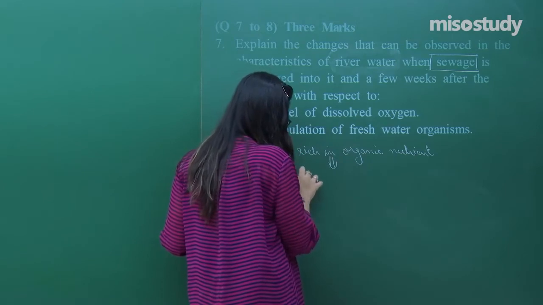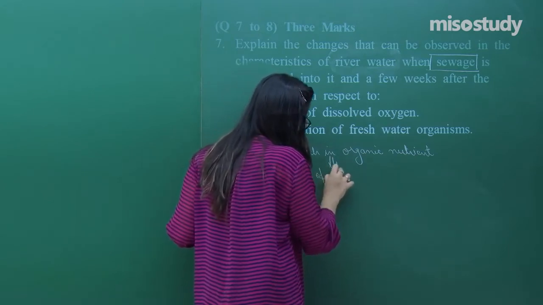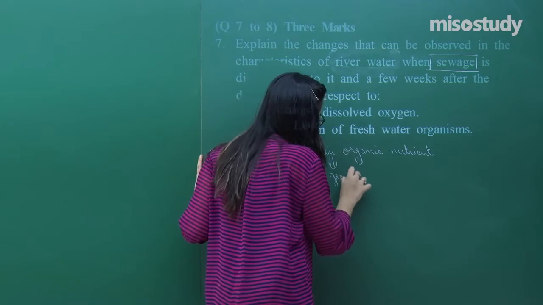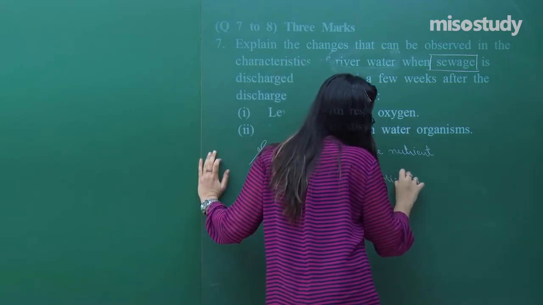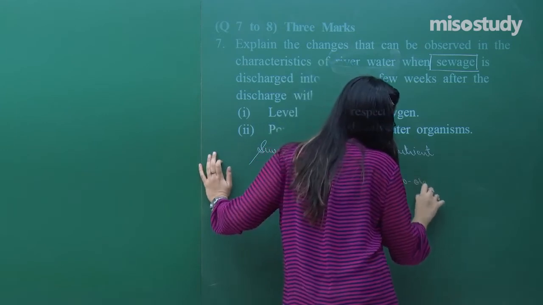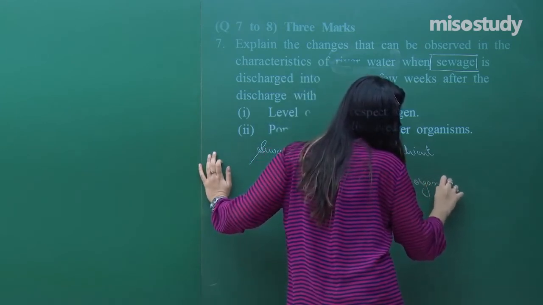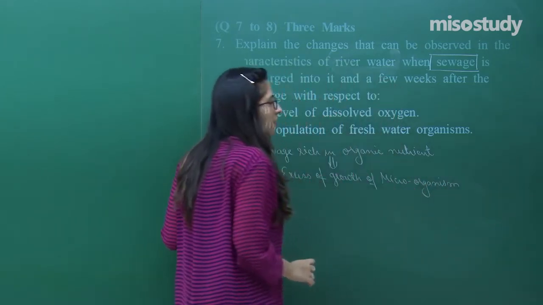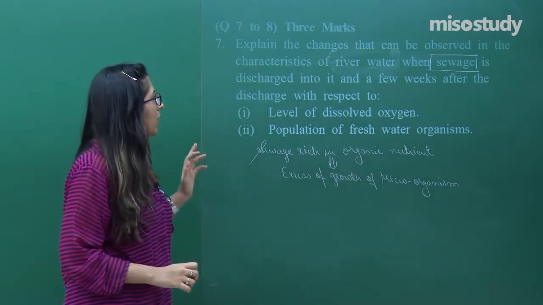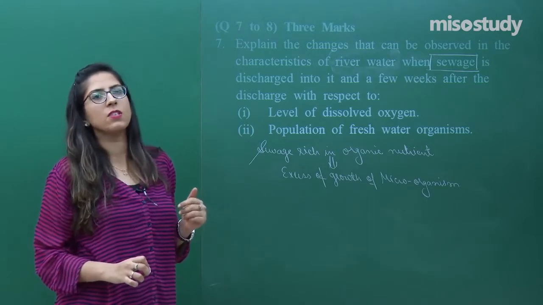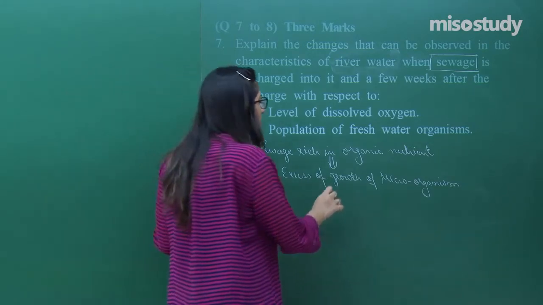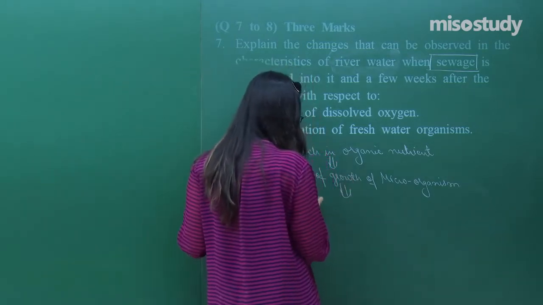Excess of growth of microorganism. Now, because of excess growth of microorganism, as we have discussed in the previous question also, they will utilize more and more oxygen.